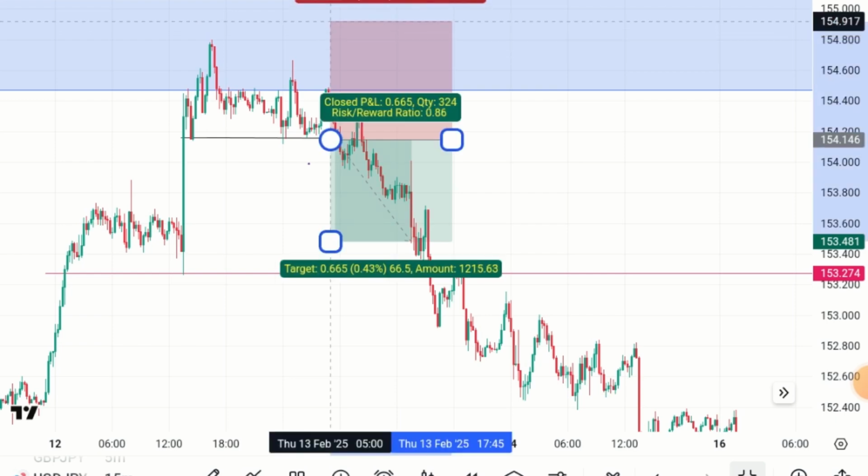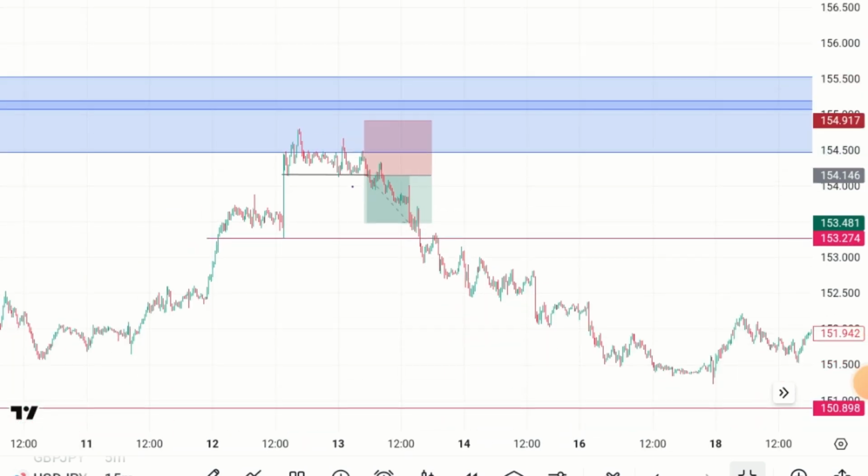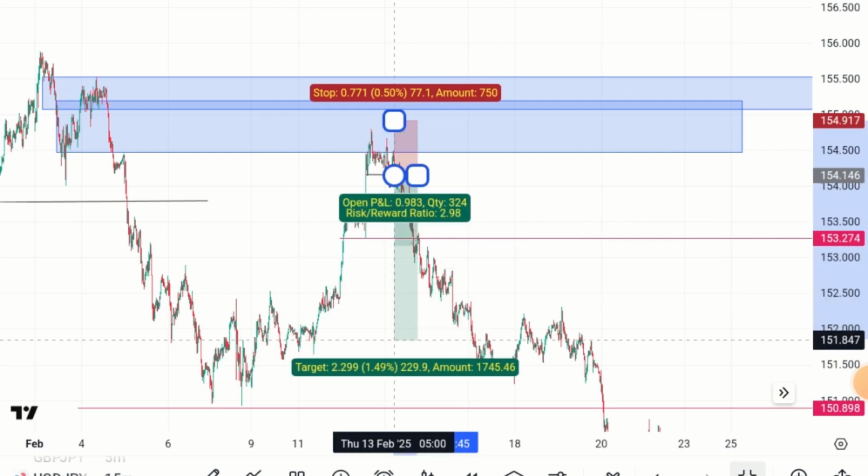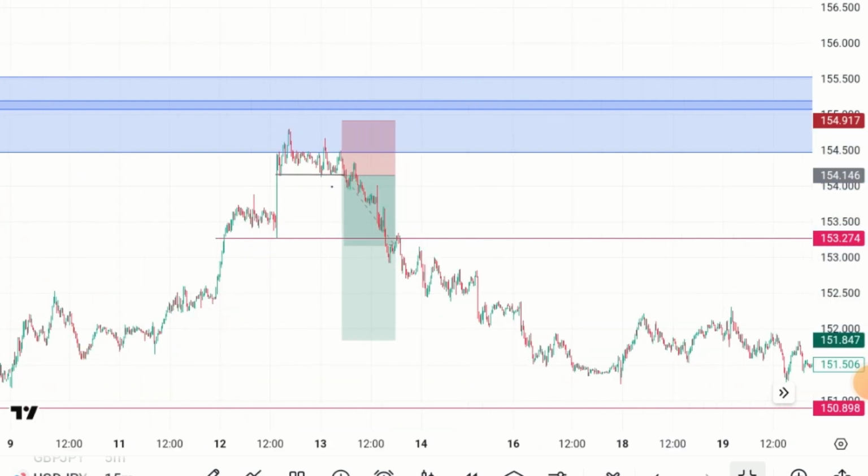You put your stop loss up here, and you just put your TP right here, anywhere you want, provided you are good to go.